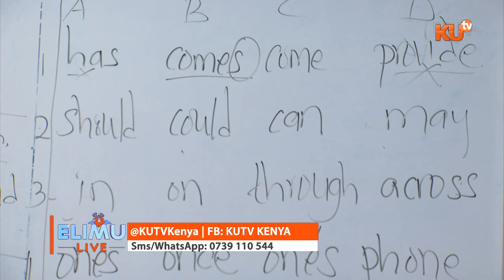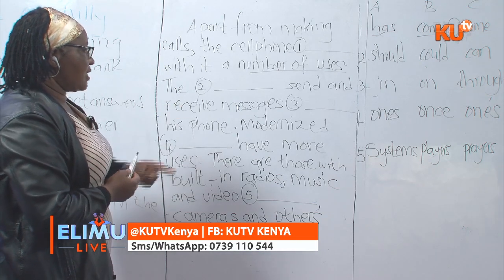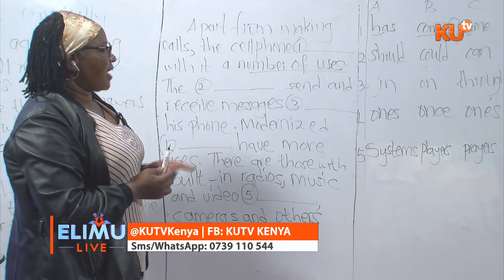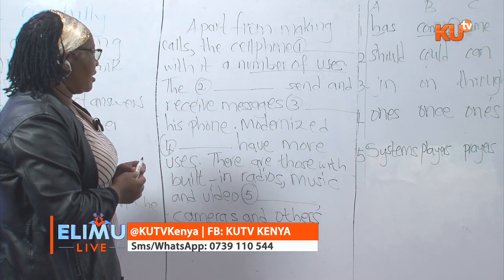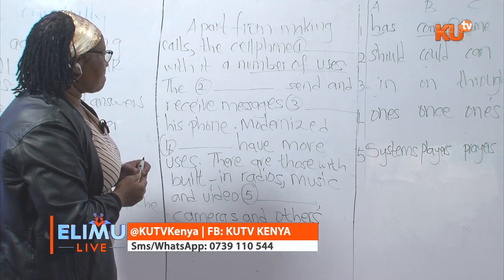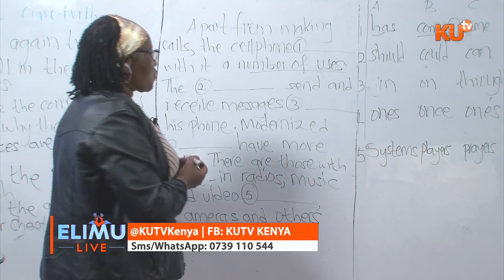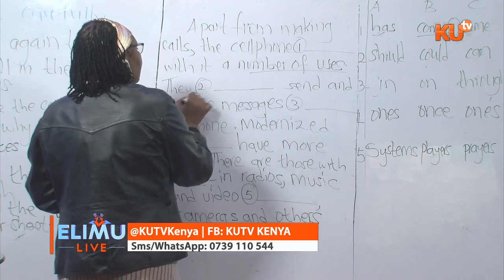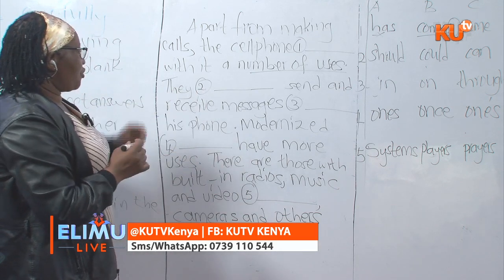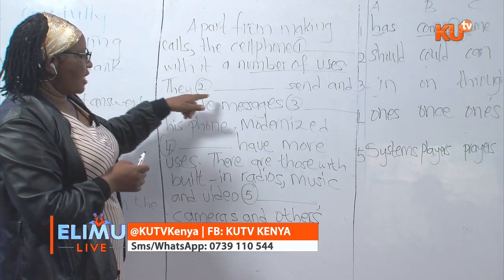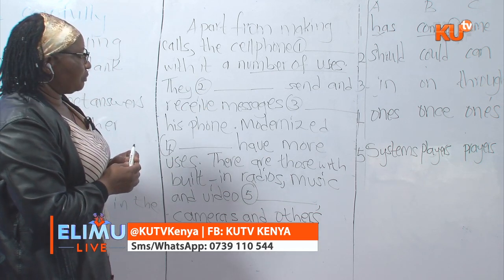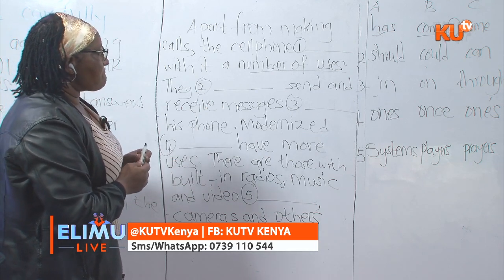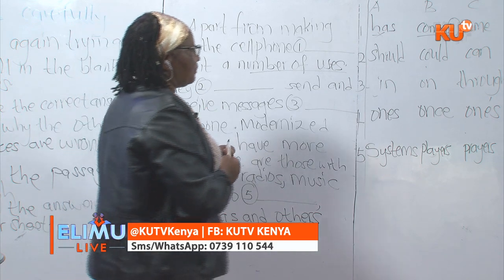So the dash, send and receive messages. The choices are should, could, can, and may. Here's a mistake. This should be they, not there. So they, dash, send and receive messages. Dash is phone. Okay.